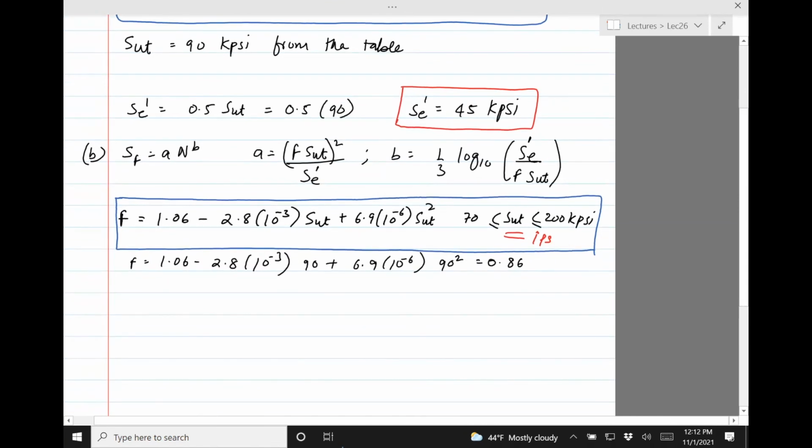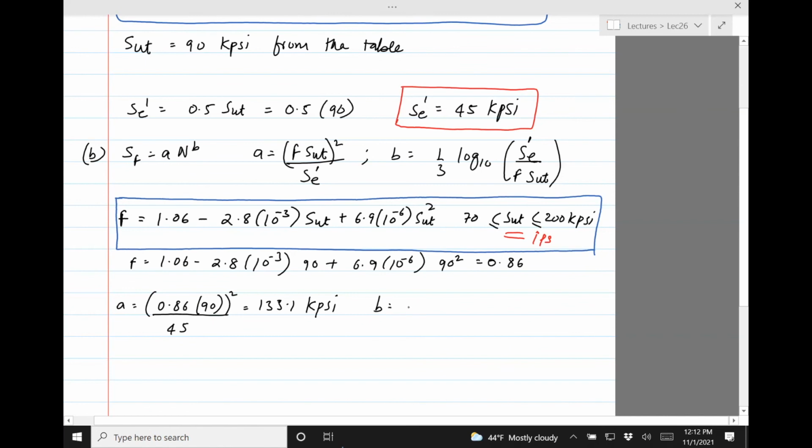Okay, so we have f now, and so now we can find A. It's 0.86 times SUT, which is 90, the whole square, divided by SE prime, which is 45. I think that comes out to be 133.1. The units of this is actually the same as units of strength.